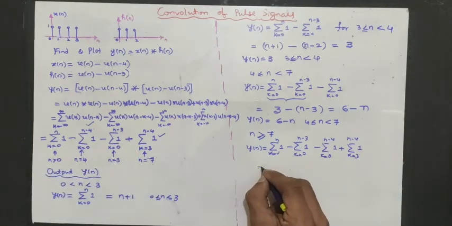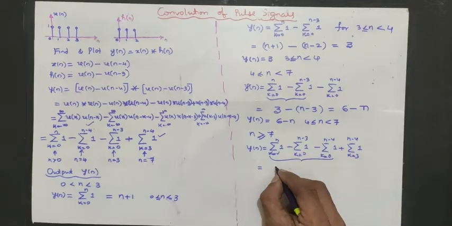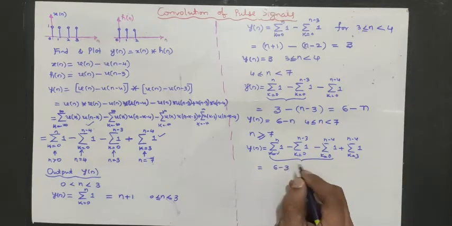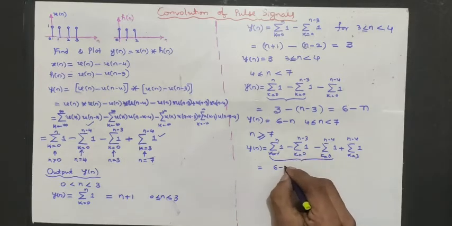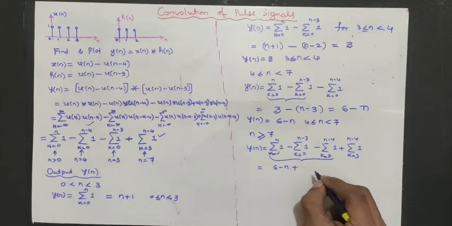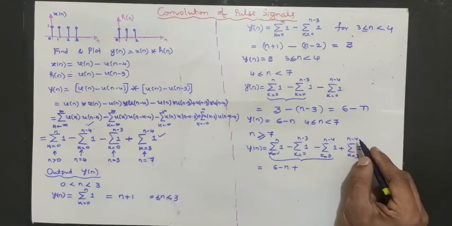Now these three terms were already added in the previous step, and the answer is 6 minus n, correct? 6 minus n plus, what is the answer? k can be shifted up so that it becomes n minus 7.